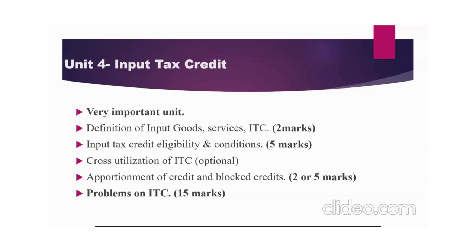So these types of questions are framed under 2 marks. Don't concentrate on the importance, features or scope of ITC, but on crucial topics like apportionment and block credits. Please comment if you want me to explain what apportionment and block credit are.